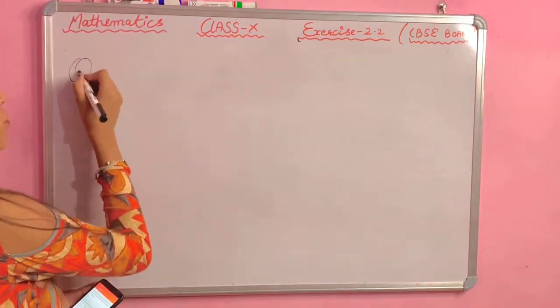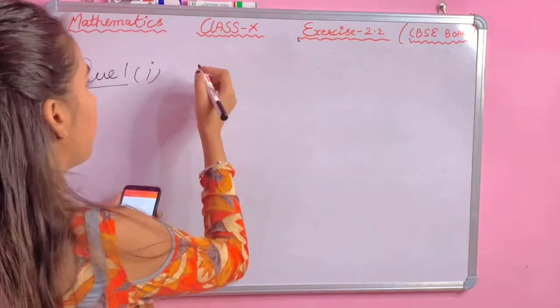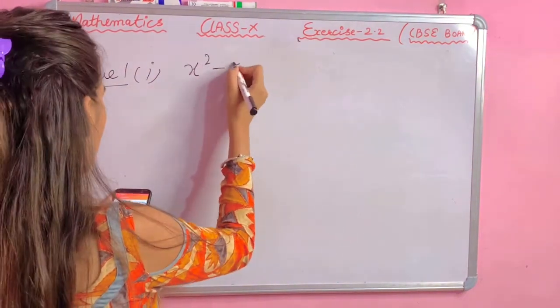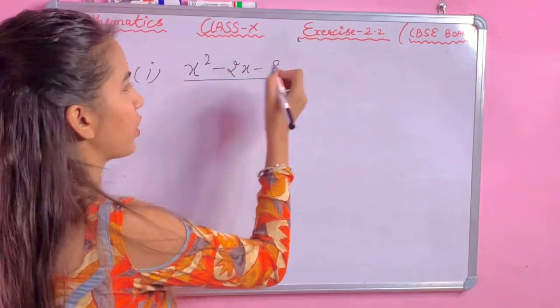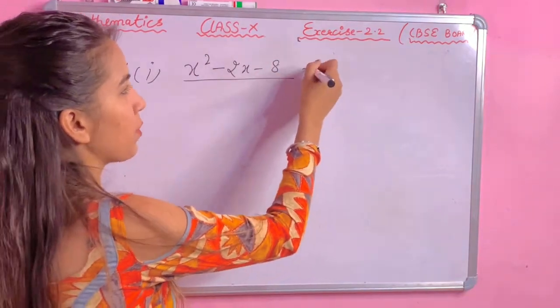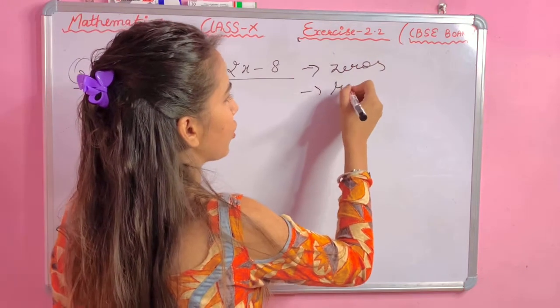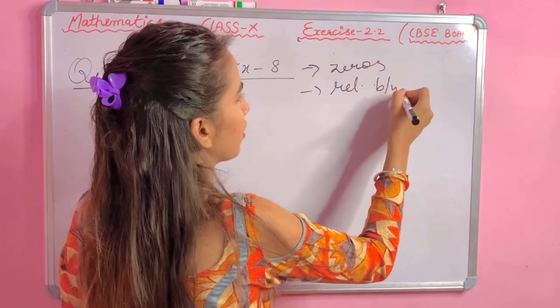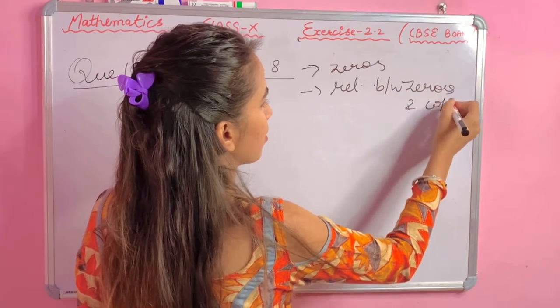In the first part, the quadratic polynomial given is x square minus 2x minus 8. Of this equation we have to find first the zeros and then the relationship between zeros and coefficients.